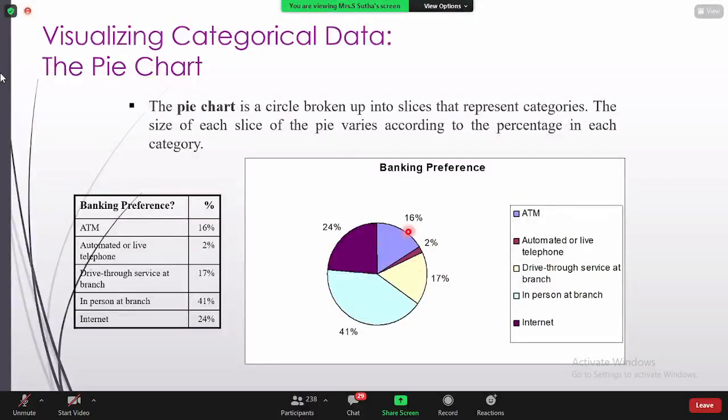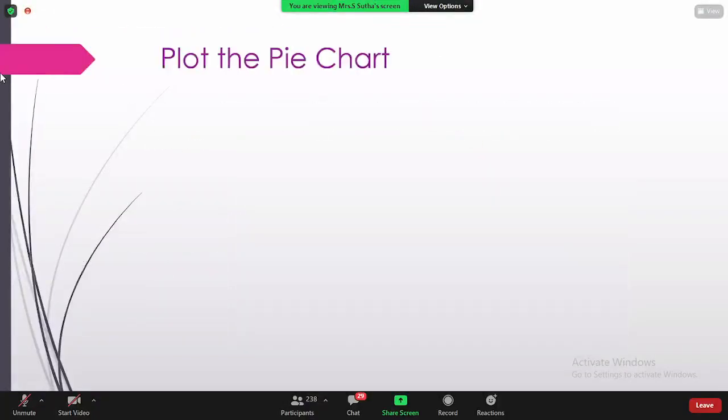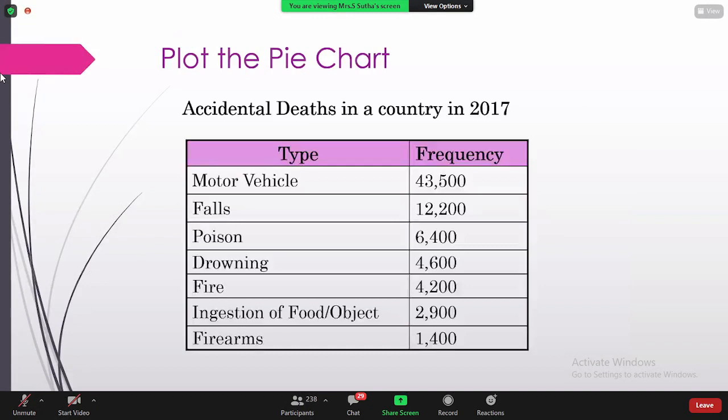Here different colors are used to distinguish the sectors, taken in this banking preference example. Then let us look at how we can plot the pie chart.